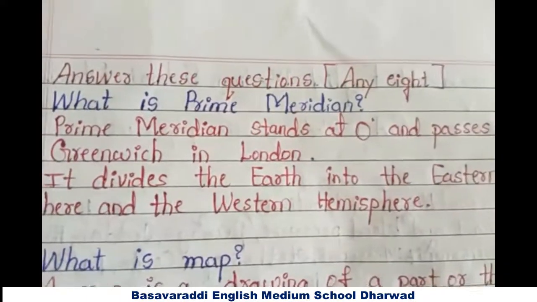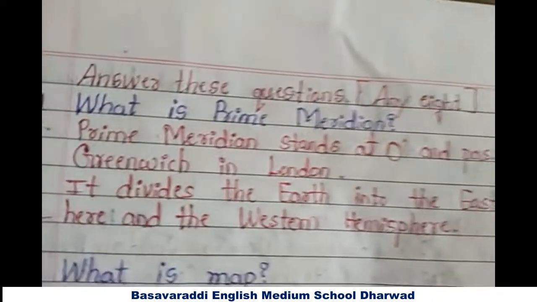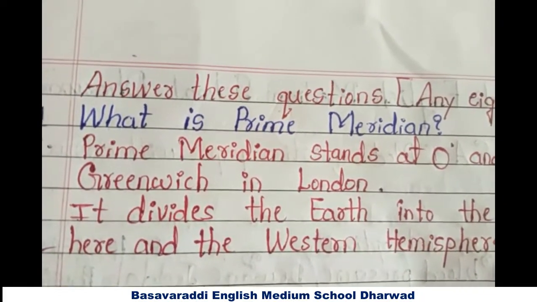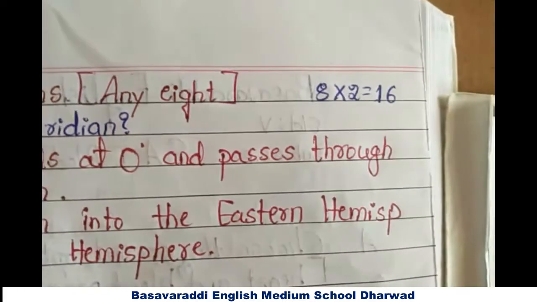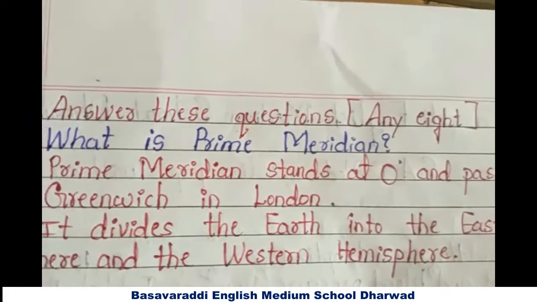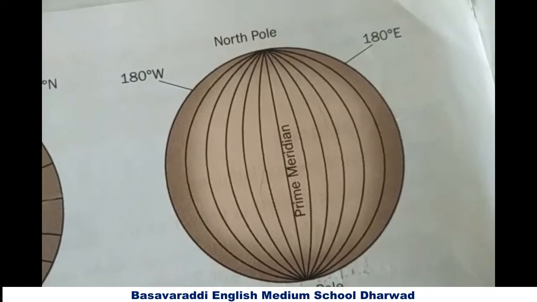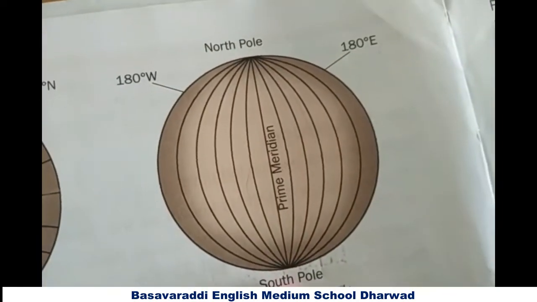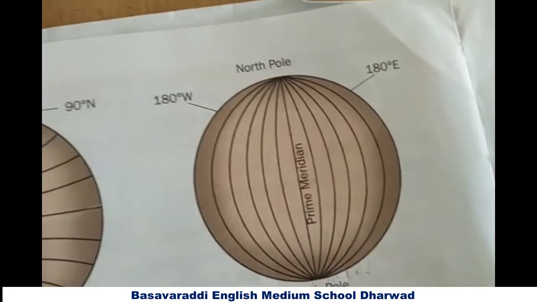Prime meridian stands at 0 degree and passes through Greenwich in London. It divides the earth into Eastern Hemisphere and Western Hemisphere. It runs from North Pole to South Pole.